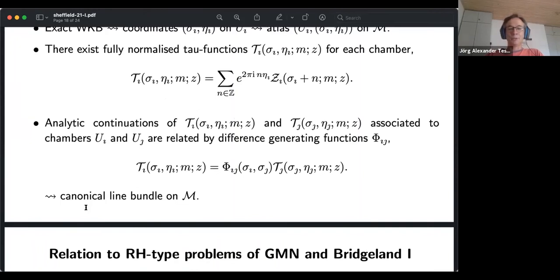The way it is determined is through the definition of the coordinates in terms of exact WKB. We view sigma and eta as functions on the parameter space, but the relationship is based on the construction of the Wronskian symbol, so it will always involve the parameter h bar in a very important way.